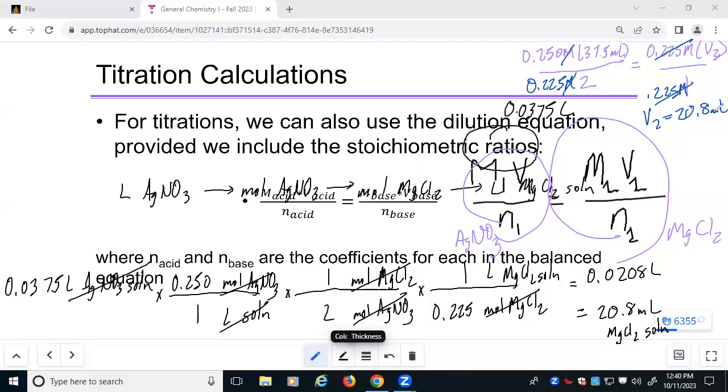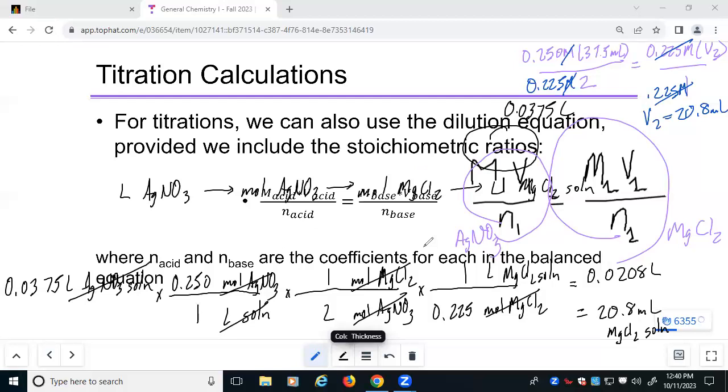Why does this work? Because again, the whole point of this titration equation is to simplify the overall calculation. Since I'm going from solution on one side to solution on the other side, I know I'm going to have molarities involved in both. I know I'm going to have volumes involved in both.